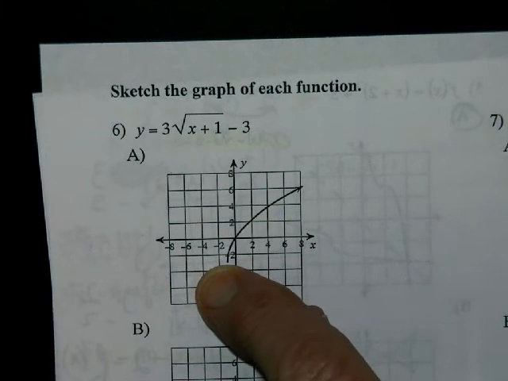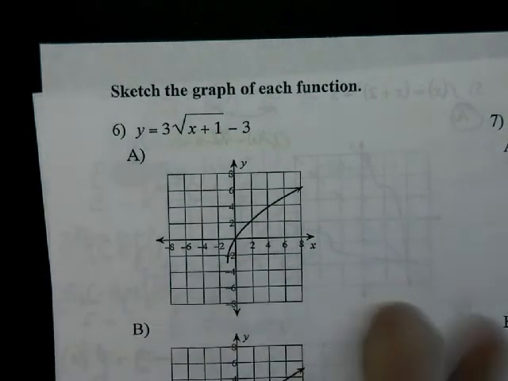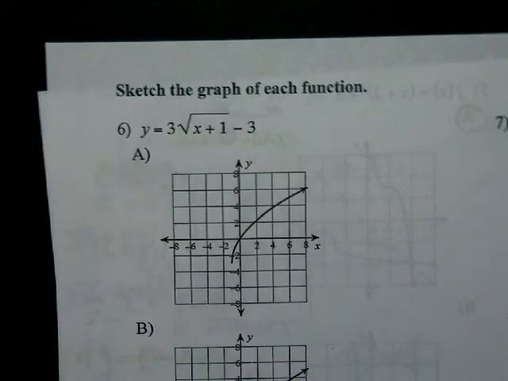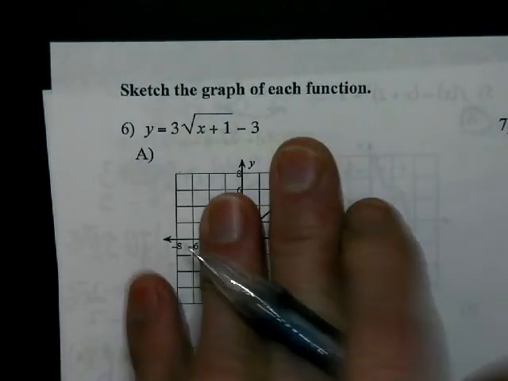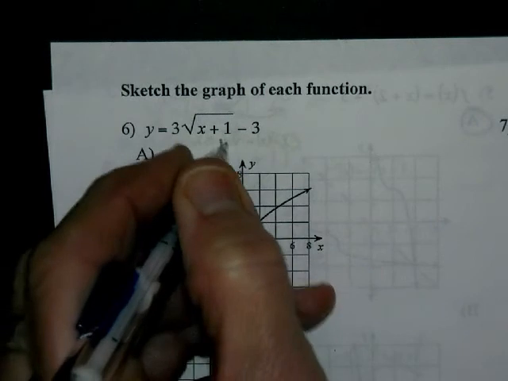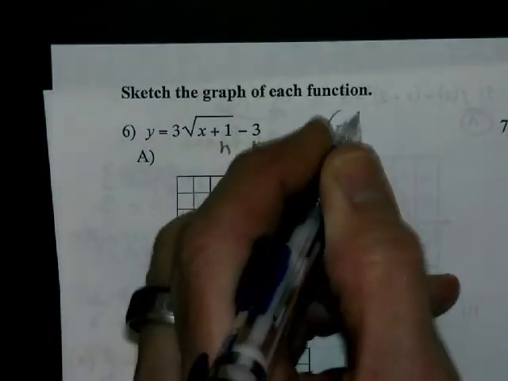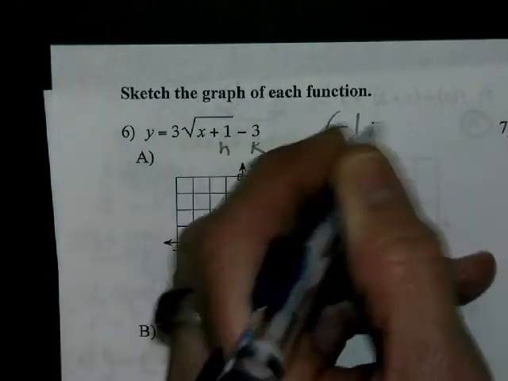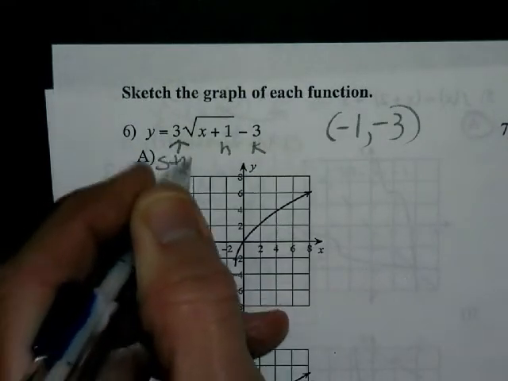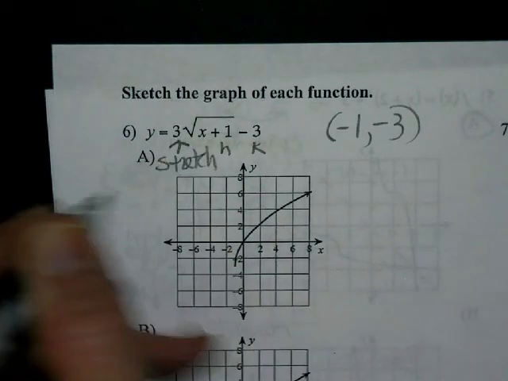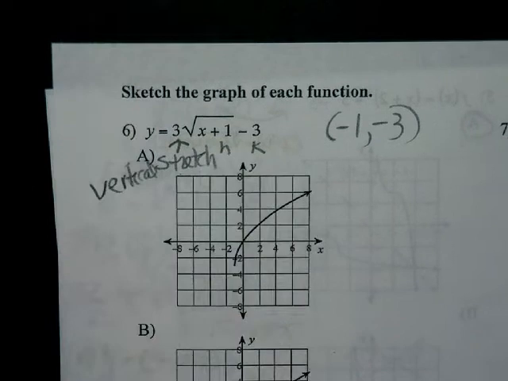Okay, a square root has an endpoint, (h, k), and it can be stretched, reflected, all that stuff. So the main thing is, can you find the endpoint from the equation? So h is here, k is here, h is crazy, k is normal, and this means vertical stretch.